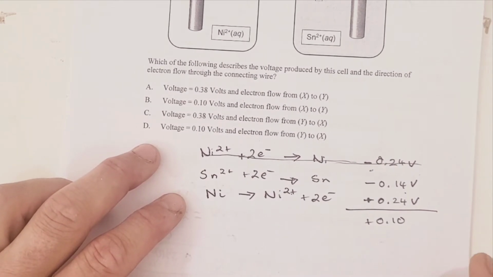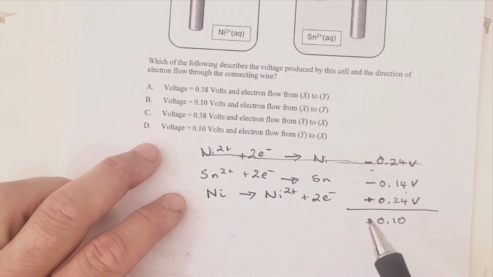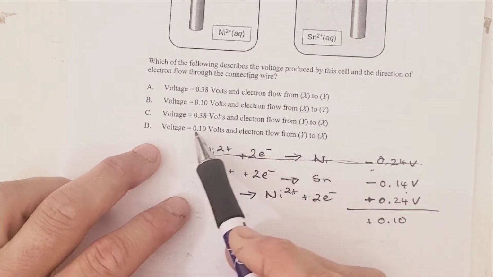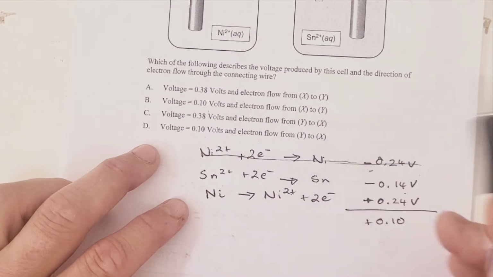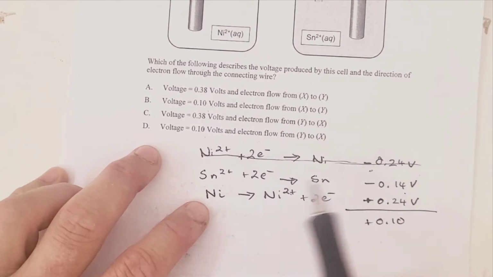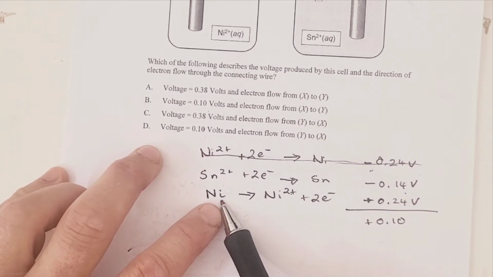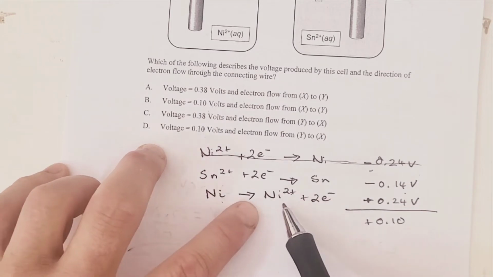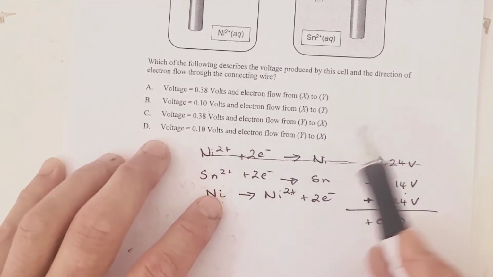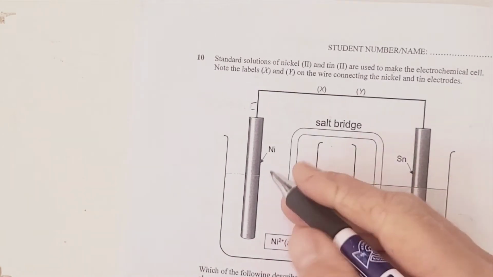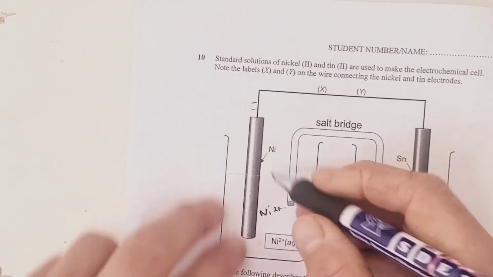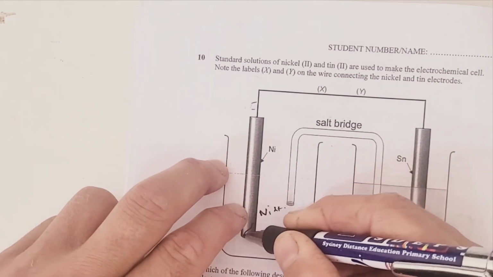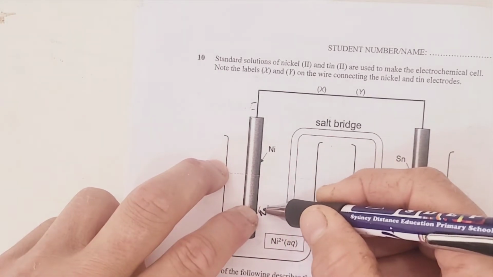So that's one of these two answers here. Now the question is, which way is the electron that's flowing? So that we're starting with nickel, and then nickel turns into Ni2+. Okay, so this has been corroded. And what's happening to the electrons?